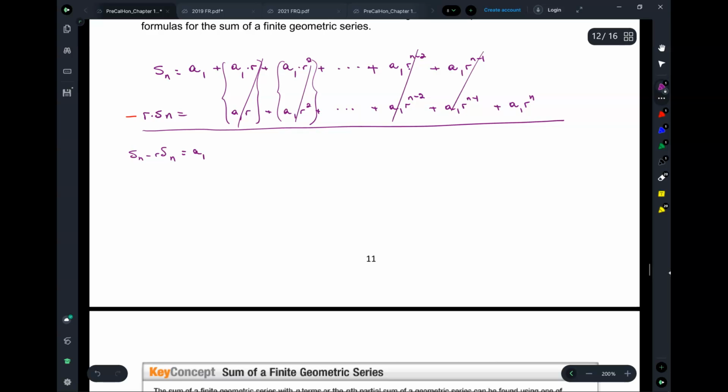This gives you 0. This gives you 0. And what about this one? If I subtract, what do I get? Minus A1 R to the n. Okay, let's clean this up a bit. Factor out an Sn: Sn times 1 minus R is equal to A1 times 1 minus R to the n. Oh, I can totally solve for Sn now. Sn equals A1, 1 minus R to the n, all over 1 minus R.